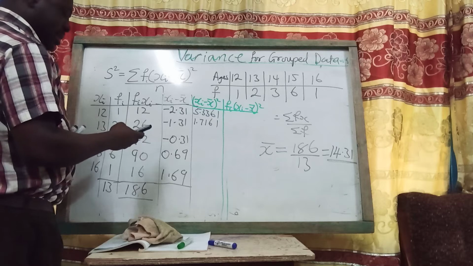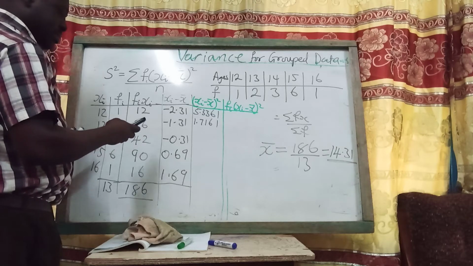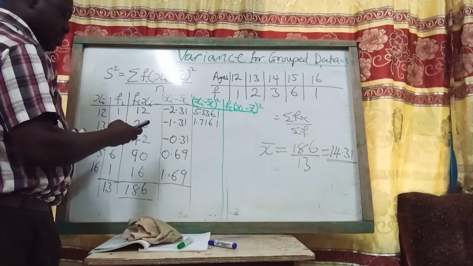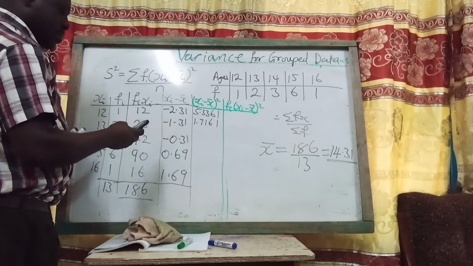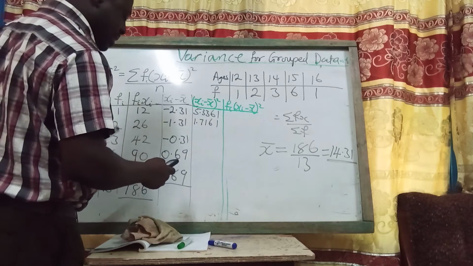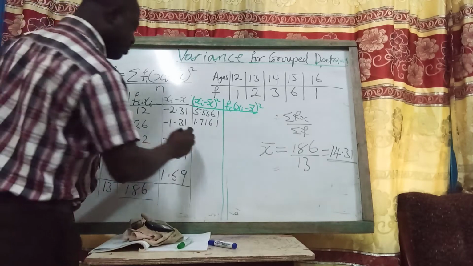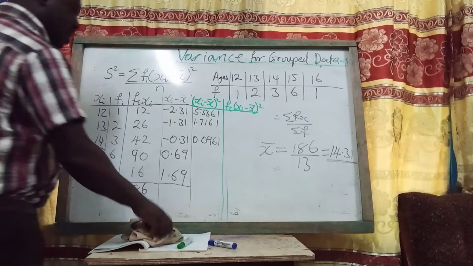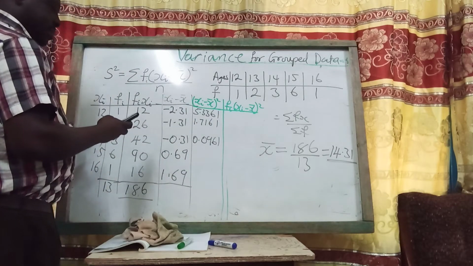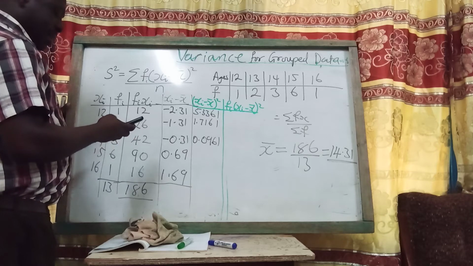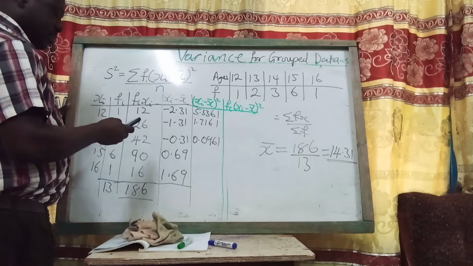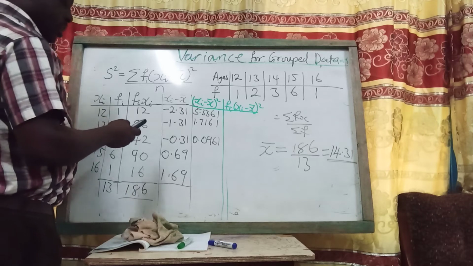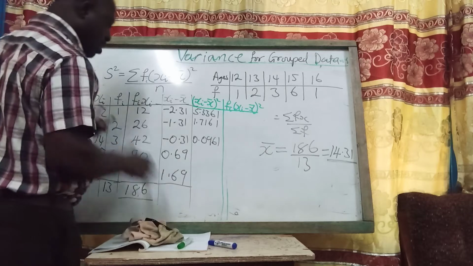Minus 0.31 squared is 0.0961. Now 0.69 squared is going to give us 0.4761.